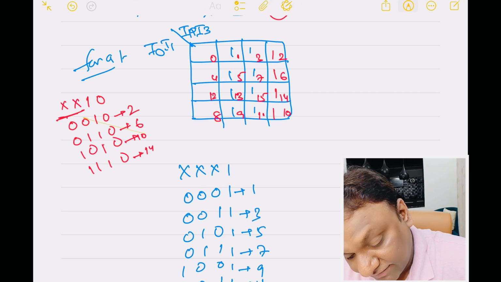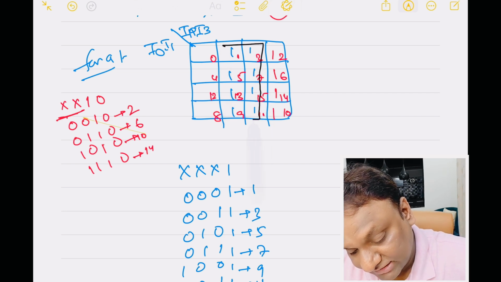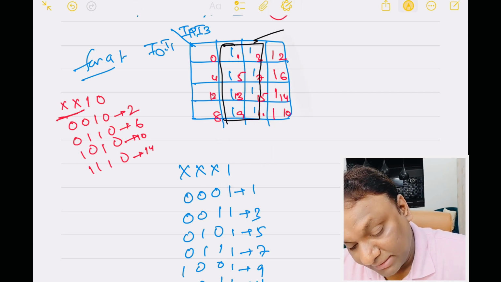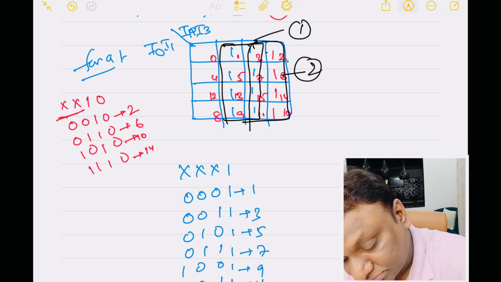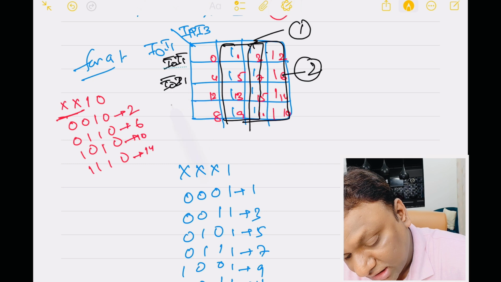So, what is the mapping I have? I have 2 octets. This is octet number 1 and this is octet number 2. Correct? So, I can simply write the combinations here. I0 bar I1 bar, I0 bar I1, I0 I1, I0 I1 bar.